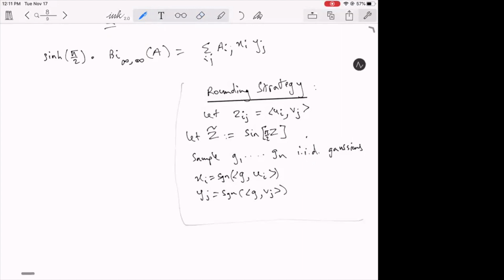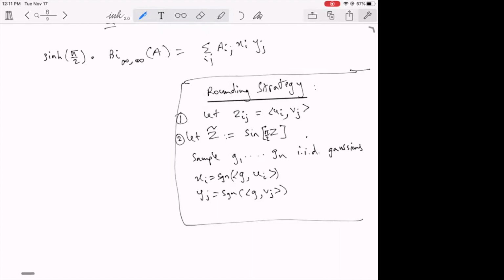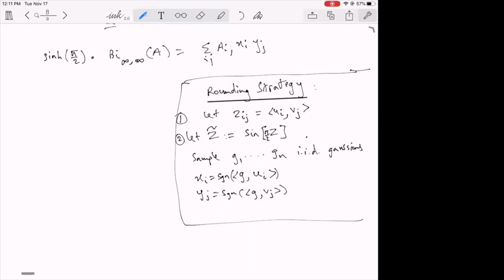This second step is somewhat mysterious, but it's a preprocessing transformation necessitated by the choice here at the bottom. Oh, sorry, the Gis are scalars. SGN represents the sign function, so the sign of what you get back.